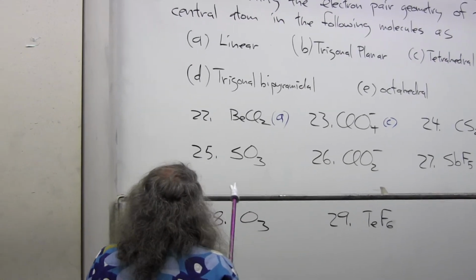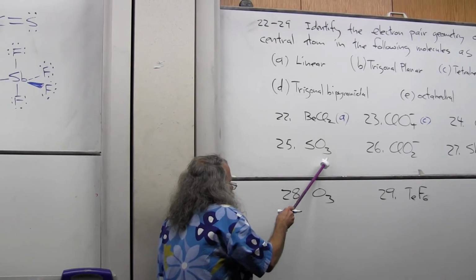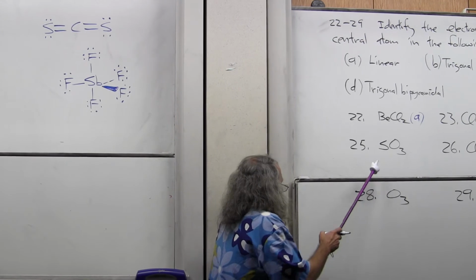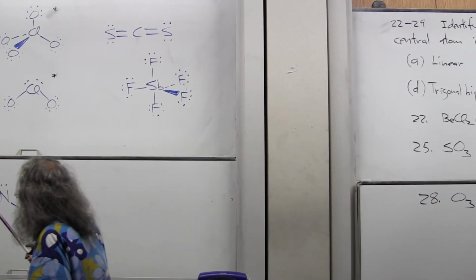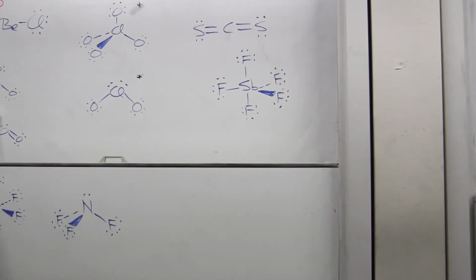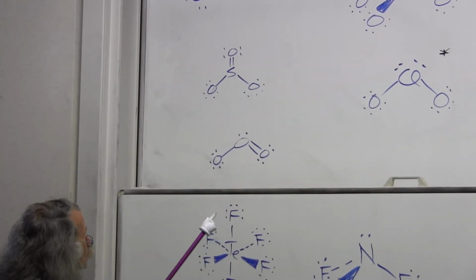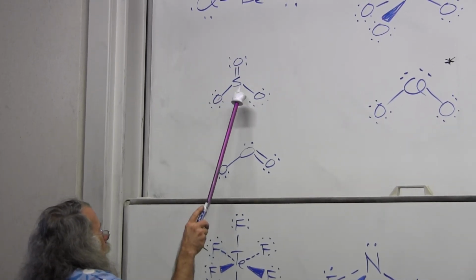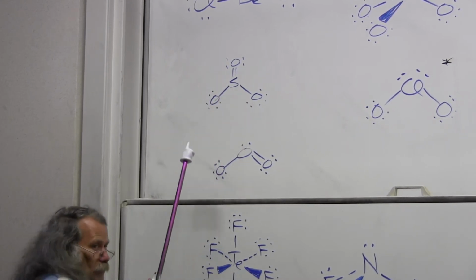Always remember. And now we're at number 25, sulfur trioxide, which is a neutral molecule. I've drawn the sulfur trioxide over here. This is one of the resonance forms, but it doesn't matter which one you choose. I have a single bond to oxygen, another single bond to oxygen, and 1 double bond to oxygen.